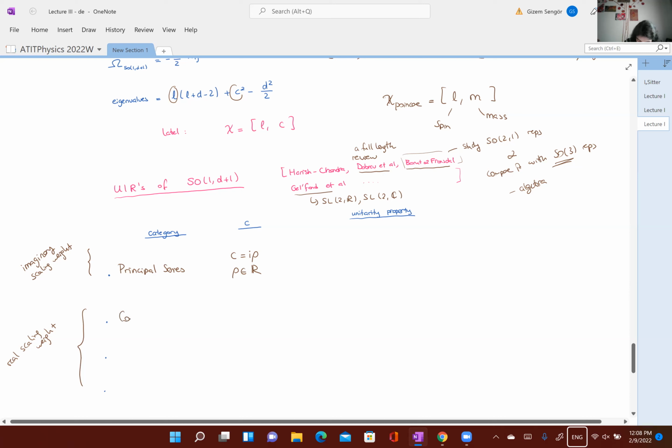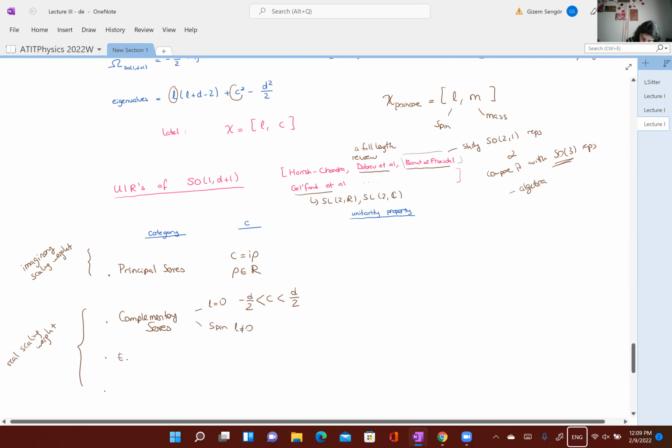So there's a complementary series. These will divide into L equals 0. In this case, the scaling weight varies between -d/2 and d/2. And then there is spin, and the range differs for different spin.